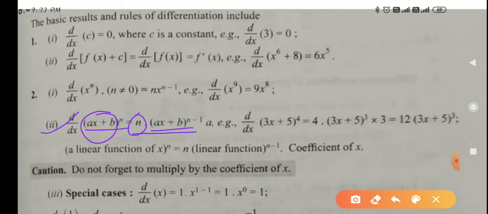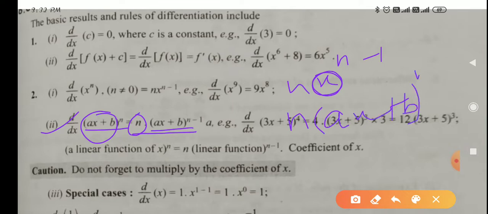So it is n (ax plus b) to the power n minus 1. Don't write n x to the power n minus 1. If you write that, then in place of x you put ax plus b, giving n (ax plus b) to the power n minus 1. So like this you can take.